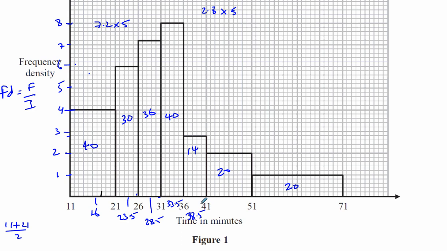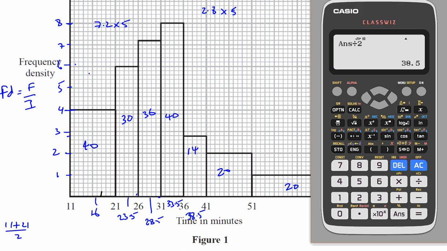Then 41 plus 51 is 92, divided by 2 gives you 46.